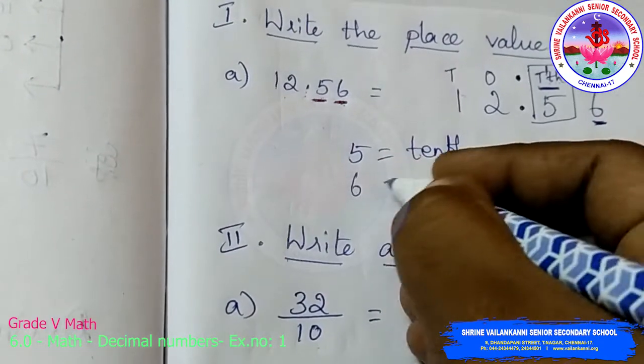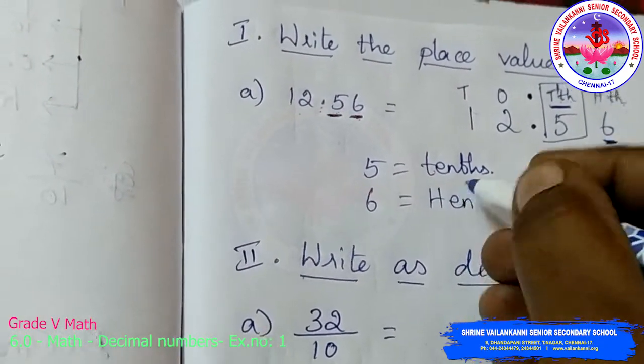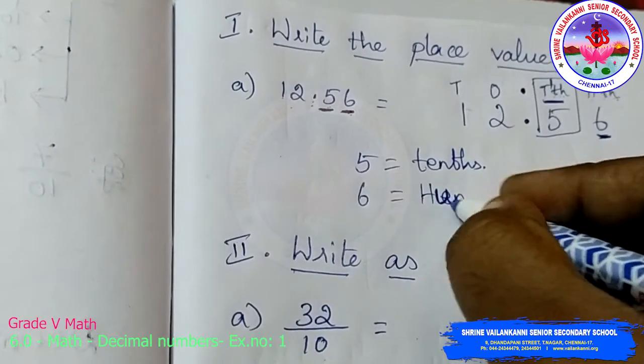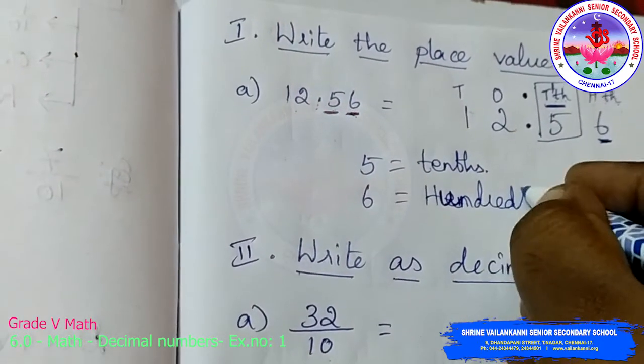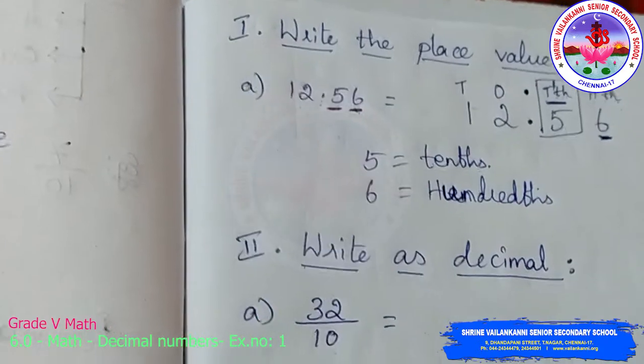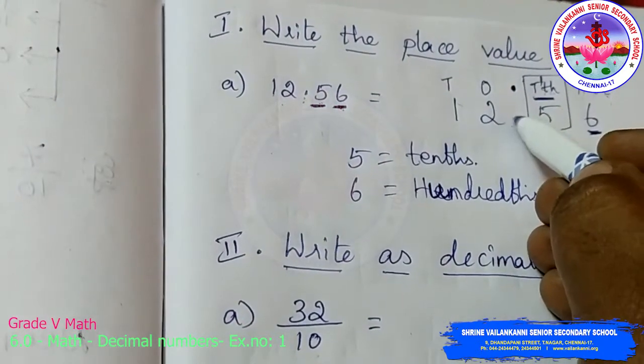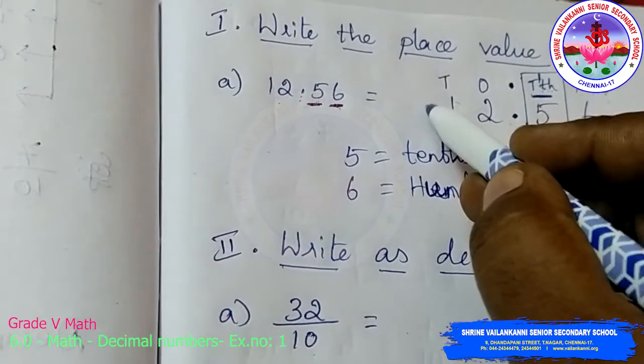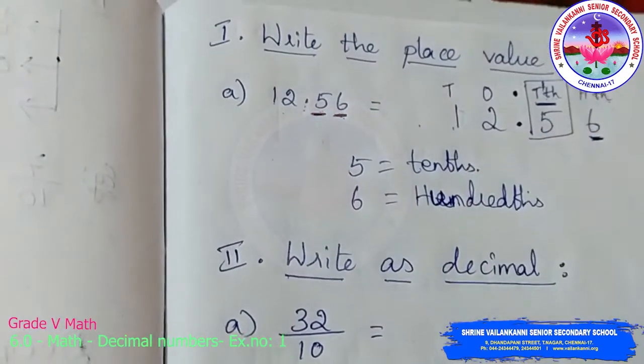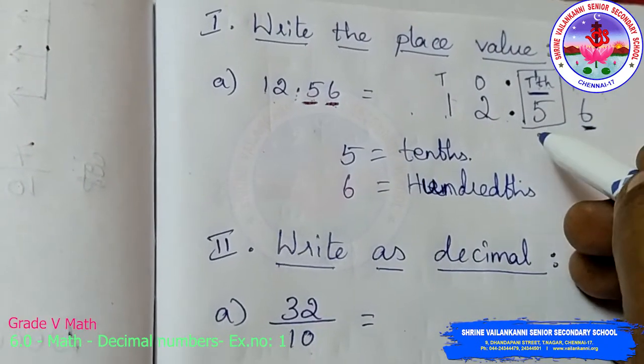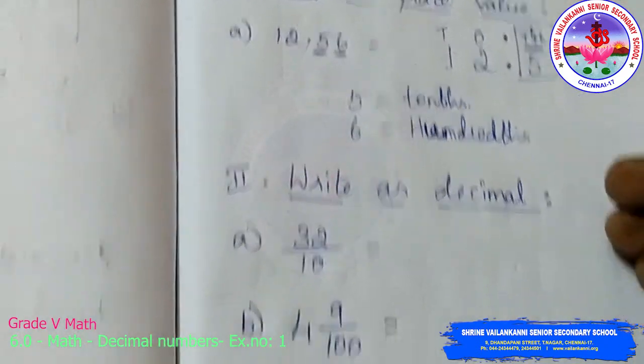Hundredth. As usual, this is ones, tens, and if you have a bigger number it will come hundreds. Like this you can find any place value.